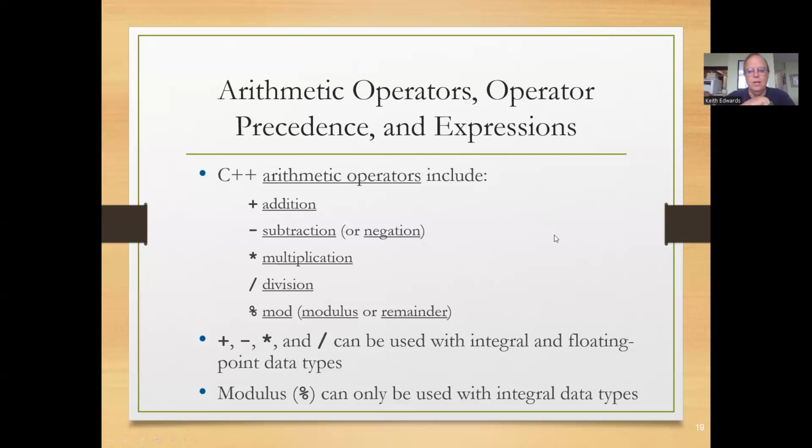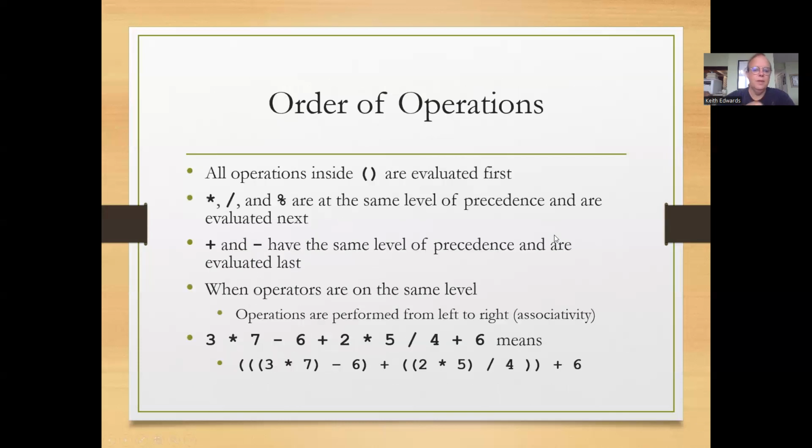That would give you the decimal value. And order of operations pretty much works as you would expect. The parens have the highest priority. Multiplication, division, and modulus are the next level of precedence. Addition and subtraction are the same level of precedence, and are evaluated last. And then we perform operations from left to right in terms of associativity.